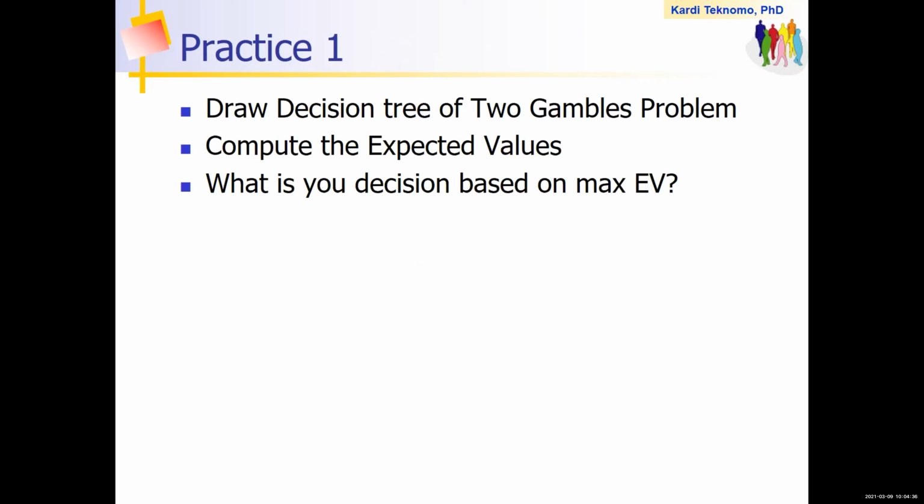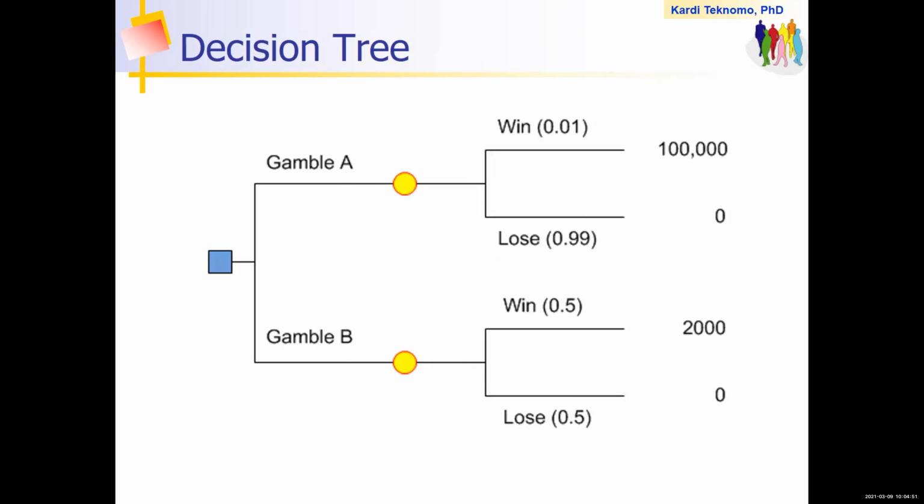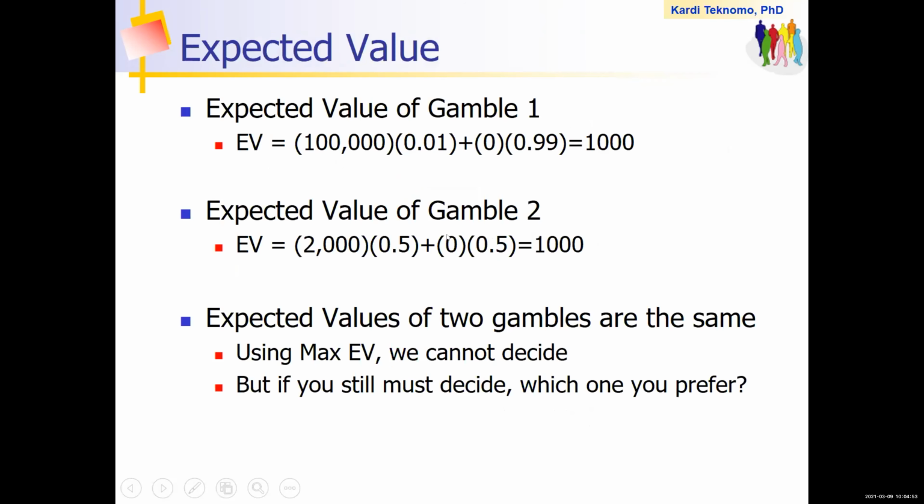If you draw a decision tree of the two Campbell problems, what is the EV? Anyone? Aren't they the same? Yes, the EV is exactly the same, right? So the EV of the two Campbell problems is exactly 1,000.